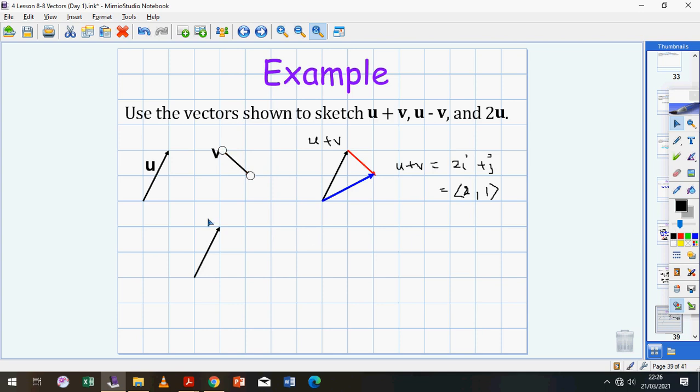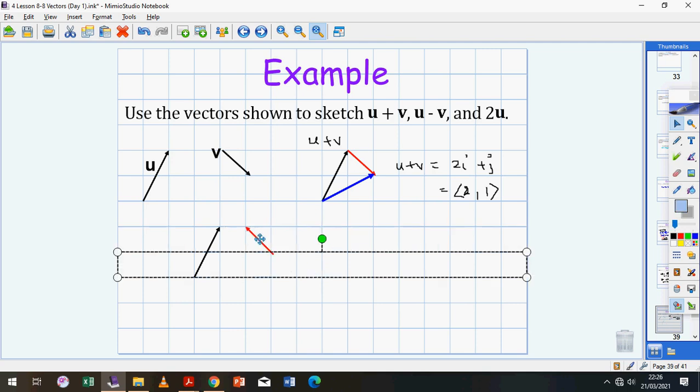Now this time it's saying that it's negative. Instead of adding it, remember, if it's negative, it's facing the other way, in the opposite direction. So I'm just going to rearrange this so that it's facing the opposite direction, same magnitude, but facing the opposite direction.